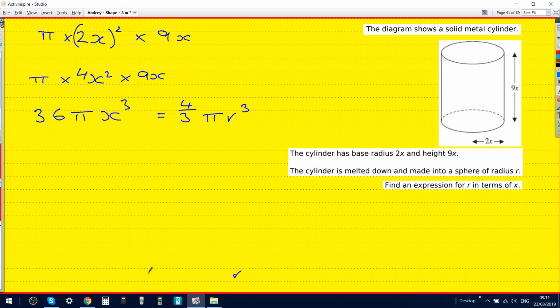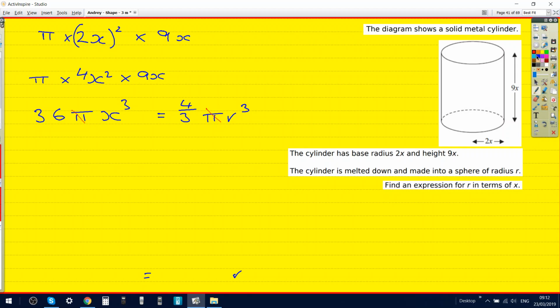So can I do 36 pi x cubed divided by 4/3 pi? Yeah, and I can see right away, divide both sides by pi.